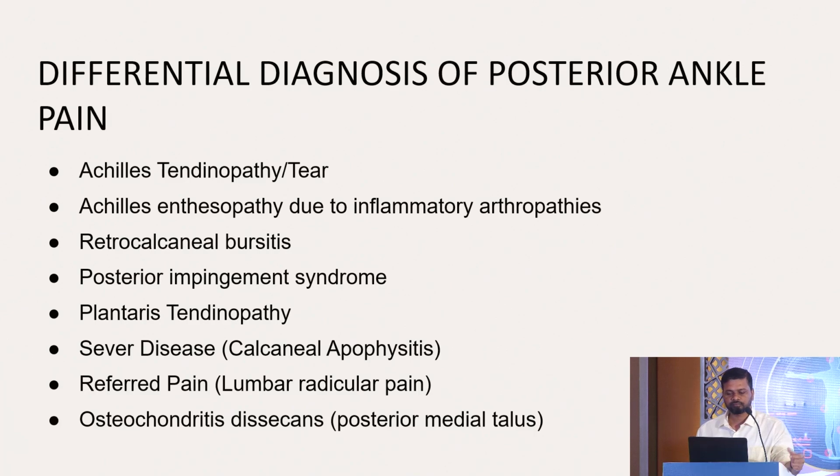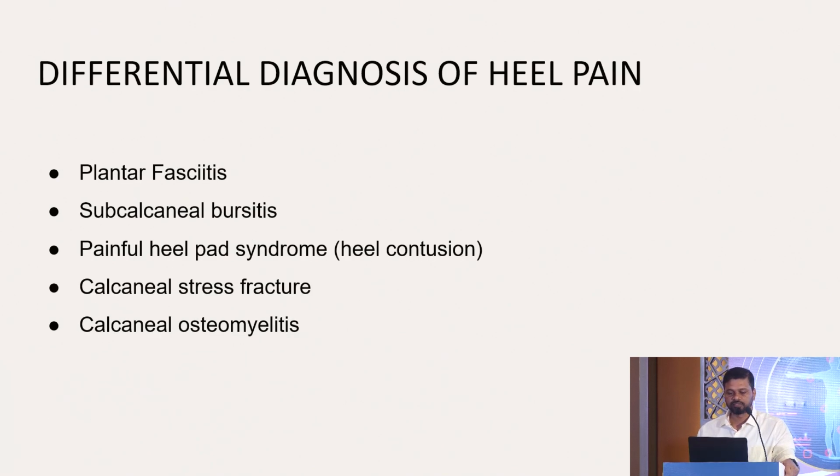In the posterior ankle, again there can be the possibilities of Achilles tendinopathy, retrocalcaneal bursa, subcalcaneal bursa, or retro-Achilles bursa, plantaris tendinopathy, Sever's disease, or referred pain from the lumbar spine, and basically osteochondritis dissecans of the posterior medial talus.